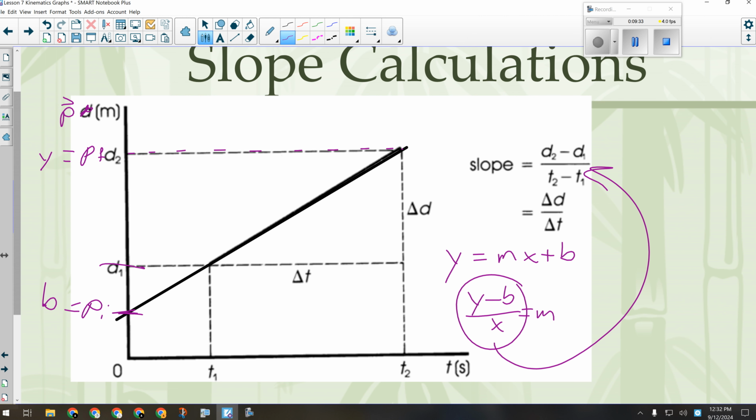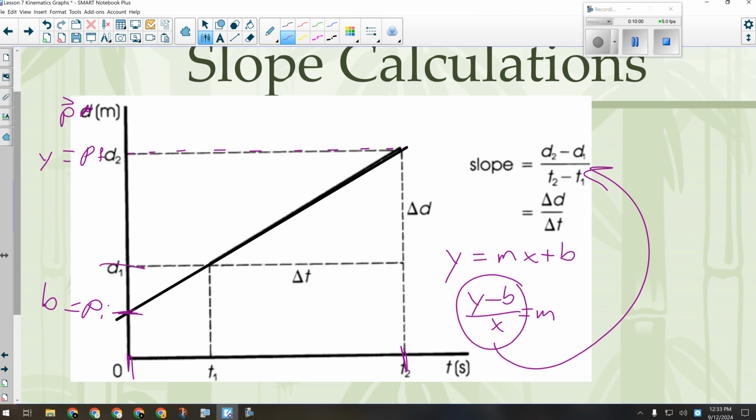This is the y-intercept, right? This is where the line goes through the y-axis. So that's my final position, that's my initial position, because on this axis is position in meters. Along this axis, obviously, is the change in time. The change in time between here and here is x, because x1 is 0. Everybody okay with that?